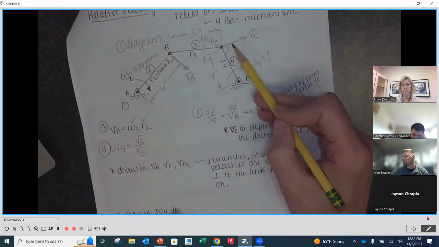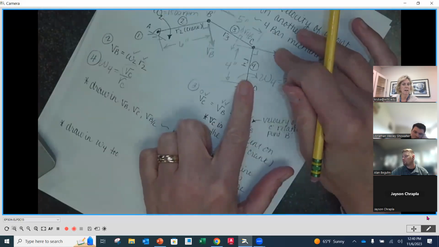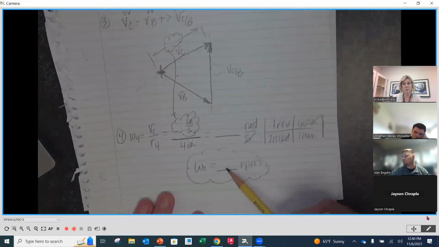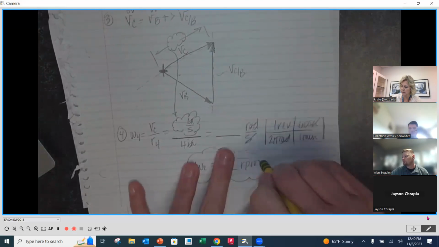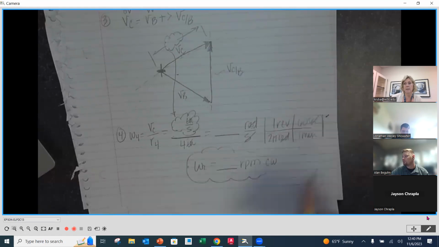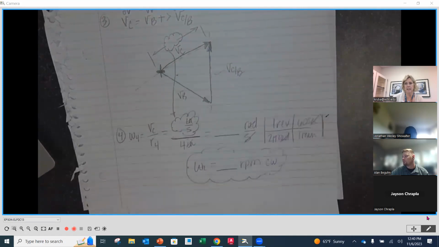So if I confirm that this is the direction it's going in and I hold this, and I have its magnitude in RPMs, what else do I want to add here? Exactly. You want to put in that this is going clockwise or counterclockwise, whatever that would be. And that would fully define it.